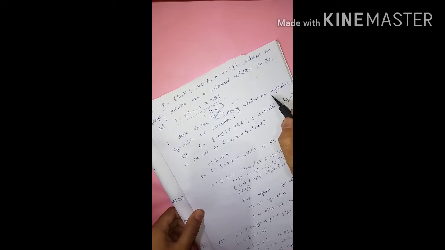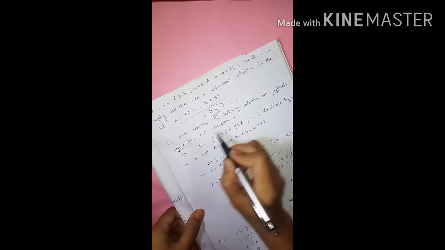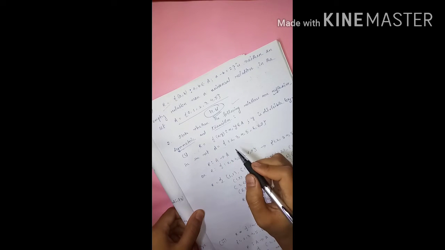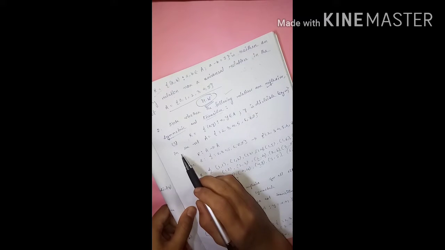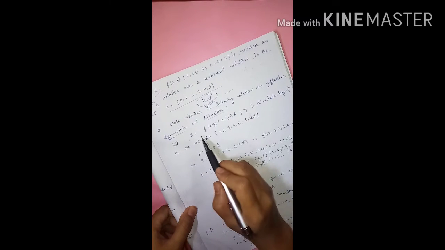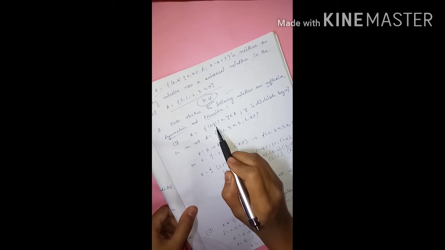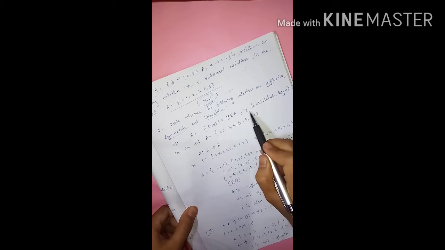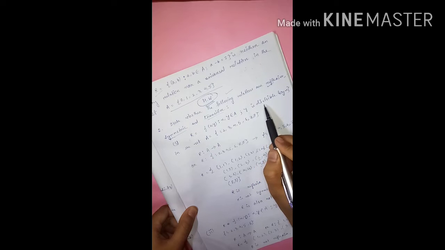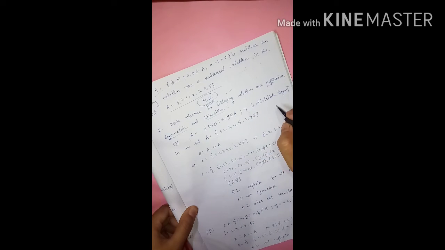We have to check whether they are reflexive, symmetric, and transitive. Number 1 is R equal to ordered pair x, y such that x, y belongs to set A and it is given that y is divisible by x.